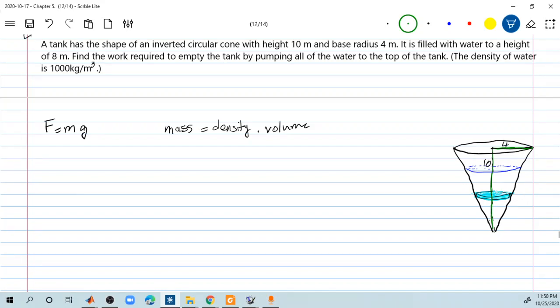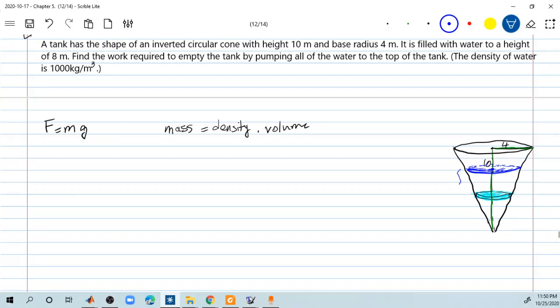Okay, what is the water height? They say it's filled with water up to the height of 8 meters. So the water will stop at 8 meters. This leftover height is 2 meters, and the water is filled up to this level. You can assume there is a circular cone and the water is filled up to this level.